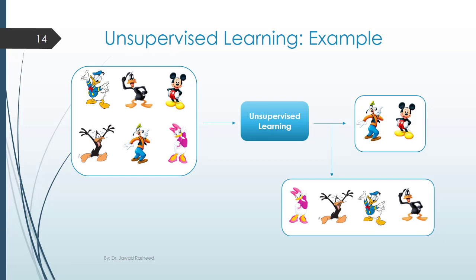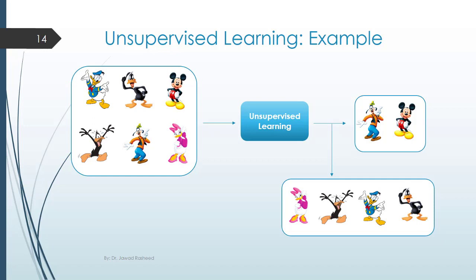Now you might be wondering why this category of machine learning is named unsupervised learning. Well, it is called unsupervised learning because, unlike supervised learning, there is no correct answer and there is obviously no teacher. So that's why it is called unsupervised learning.